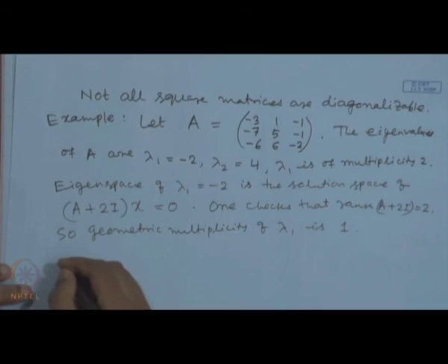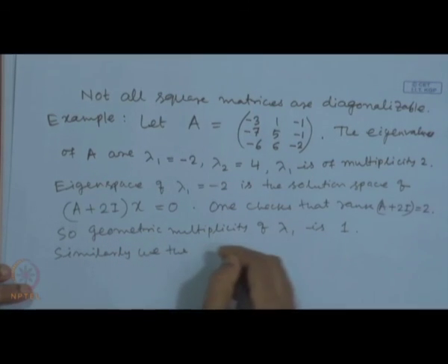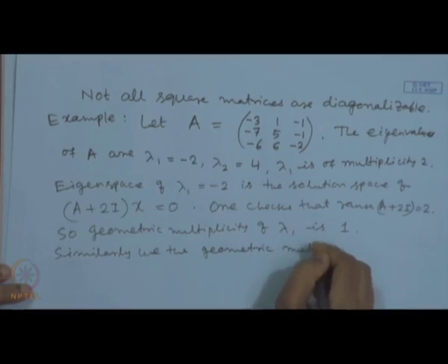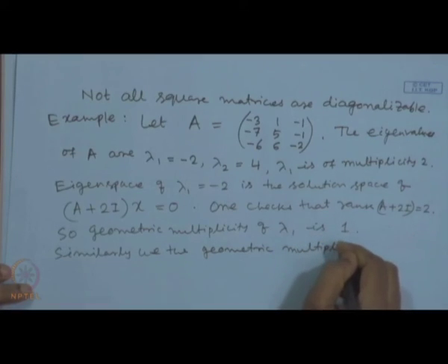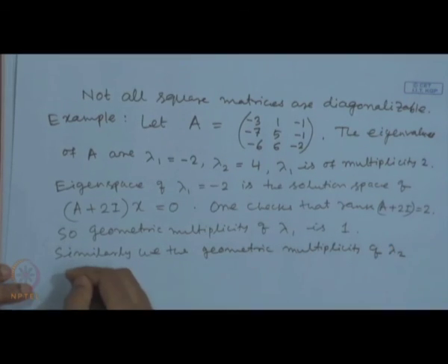Similarly, we get that the geometric multiplicity of lambda 2 is also 1.